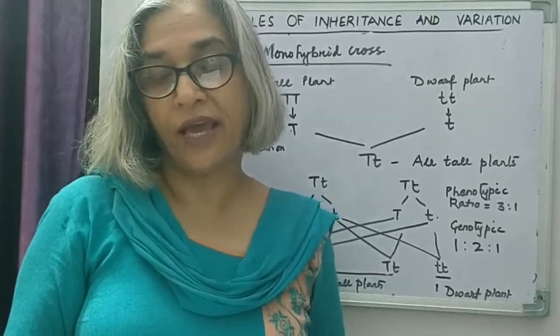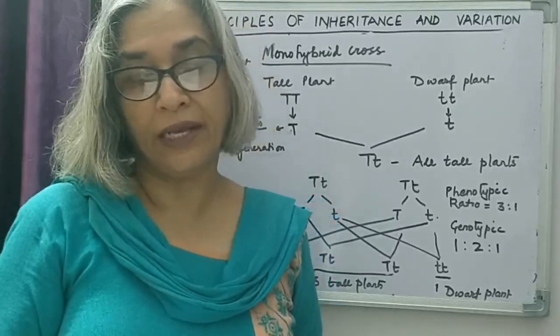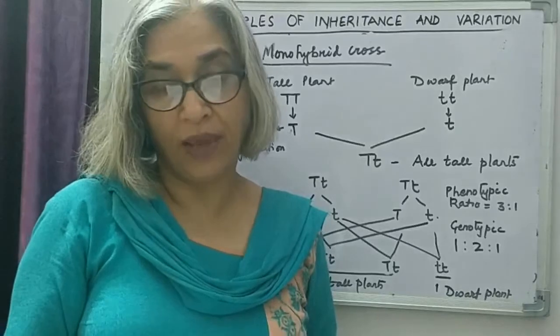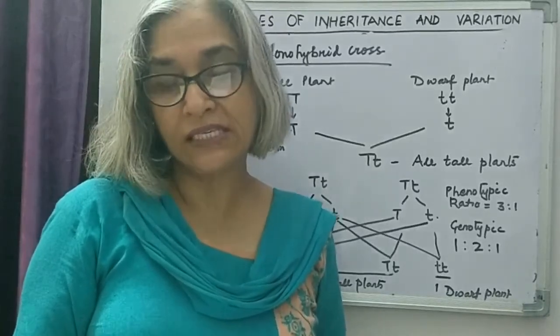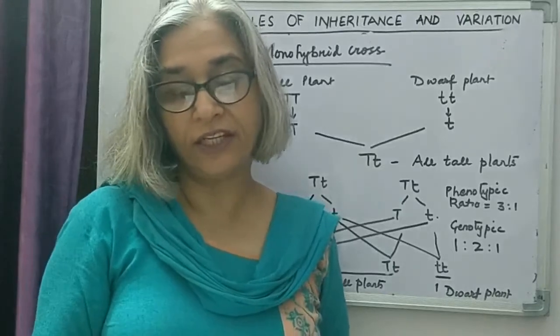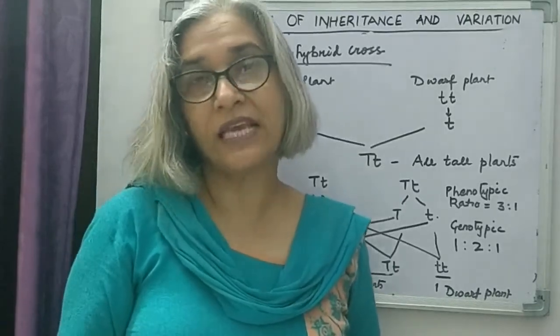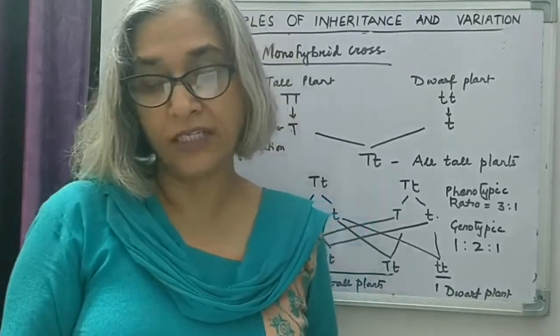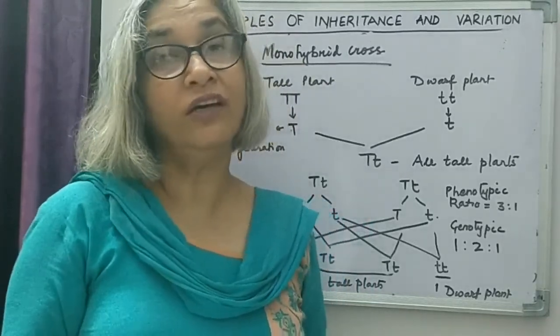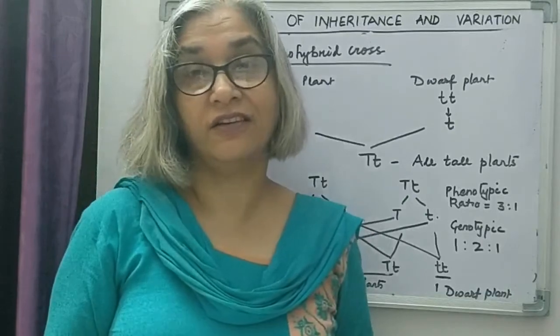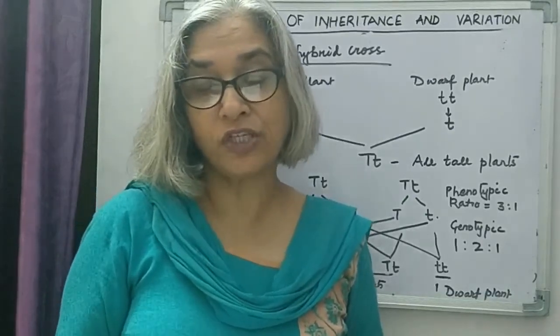The traits, characters are controlled by alleles which occur in pairs, and only one allele expresses itself in the F1 generation. The factor that is expressed is called the dominant character, and the one that is hidden is called the recessive character. So this is the first law.